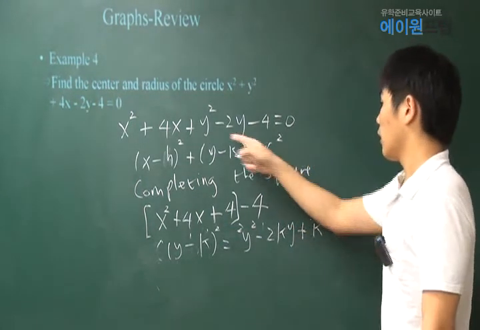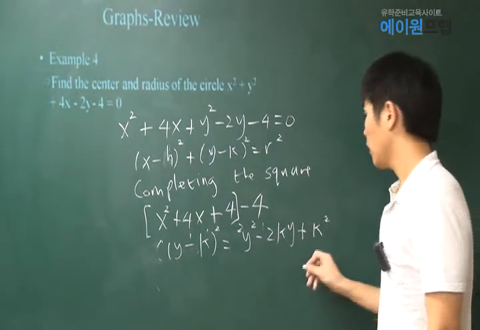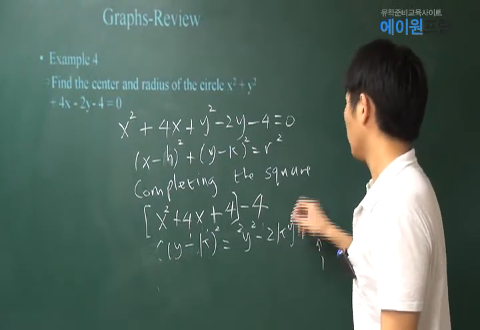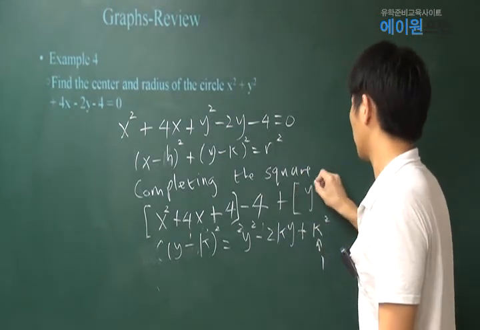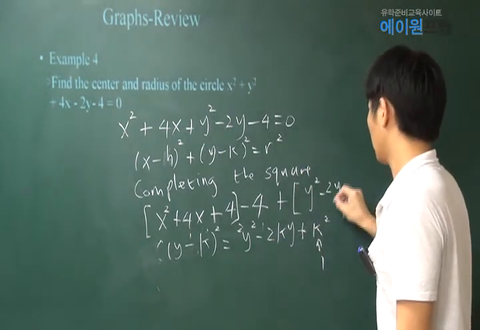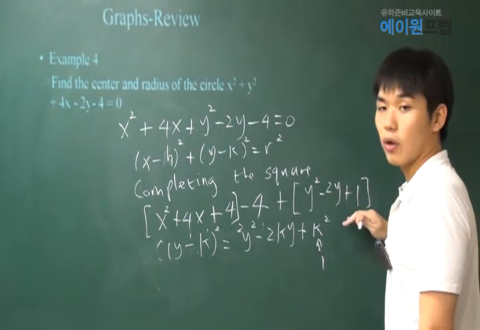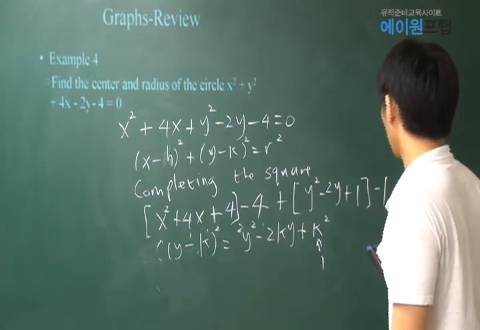So looking at y squared minus 2y, we can know that k is equal to 1. So if k equals 1, we can rewrite this, again with a bracket, as y squared minus 2y plus 1. Again, we have to counter this out. If you add plus 1 here, we should take it out, outside here, minus 1.